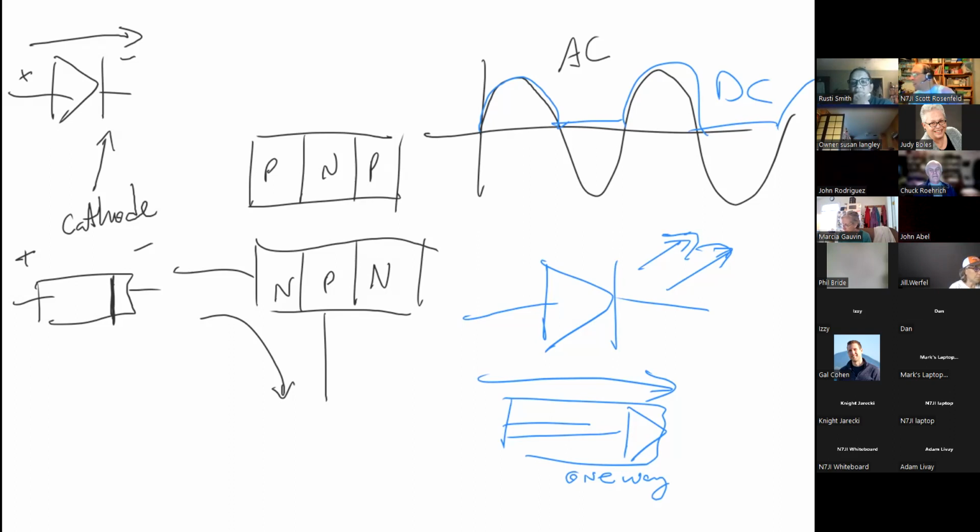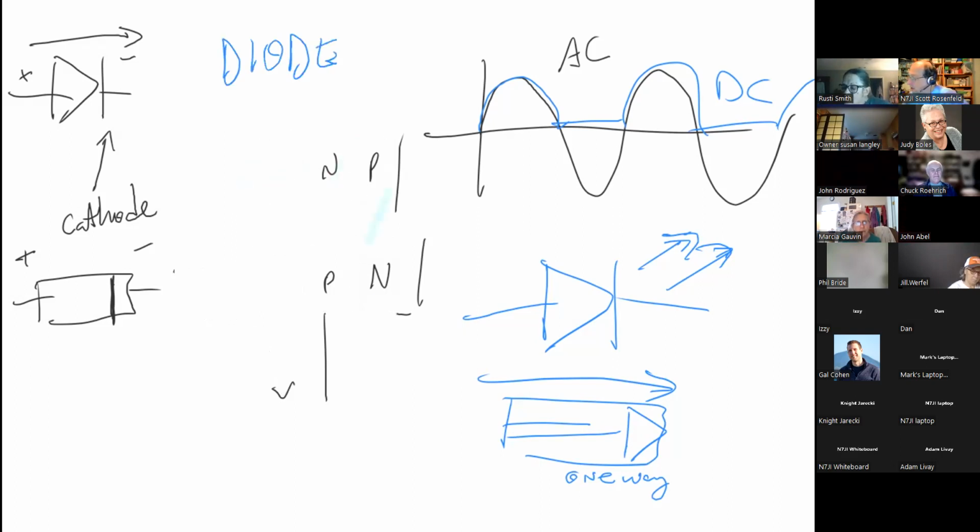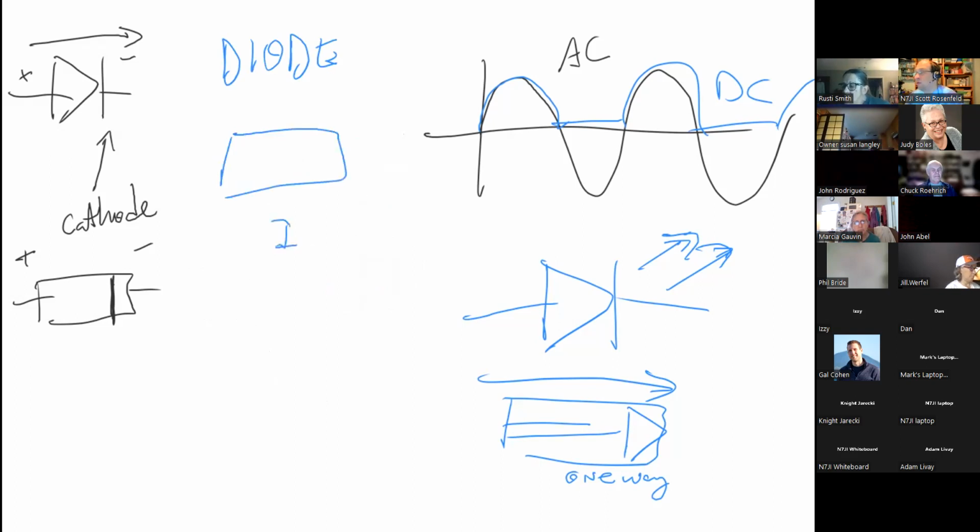Okay, so we just did our diode, which is a two-terminal device. I'm going to erase these for now. All right, so a diode is a two-terminal device. It has intrinsic silicon, which is essentially the outer shell, with one, two, three, four electrons and four not electrons, so it's got spaces for four.